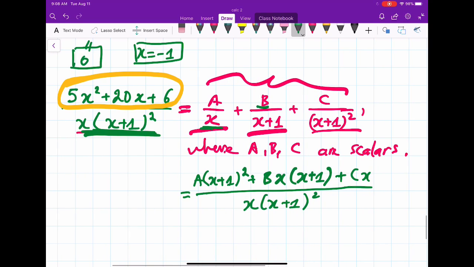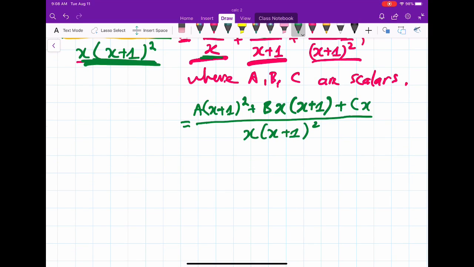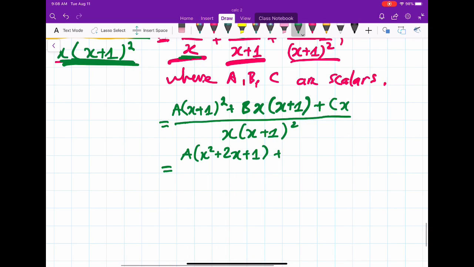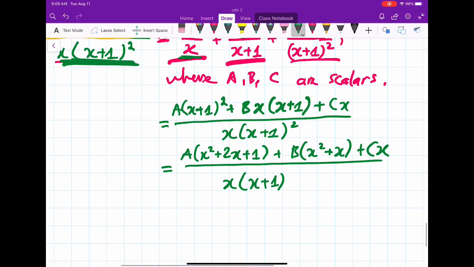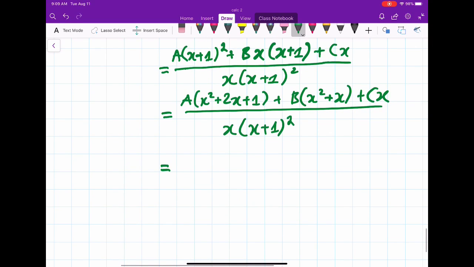So now I will open all parentheses on the top. I have a times (x squared plus 2x plus 1) plus b times (x squared plus x) plus cx over x times (x plus 1) squared.